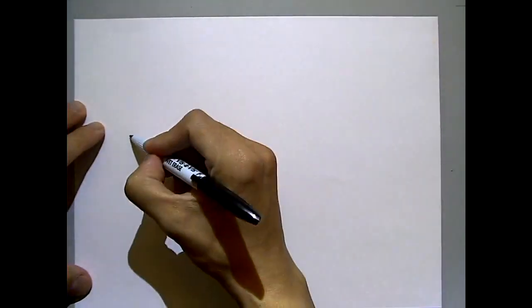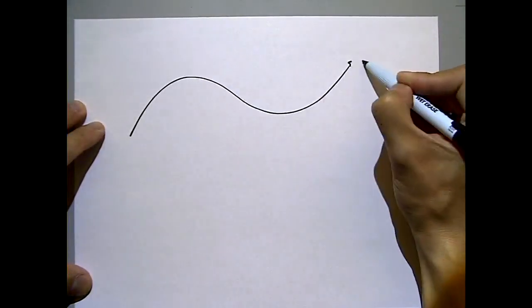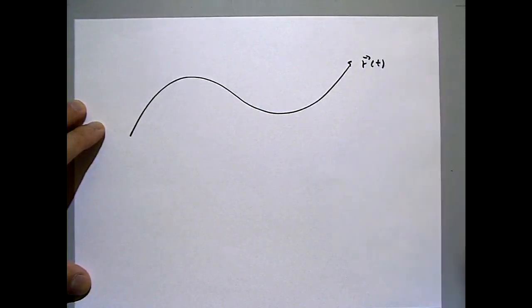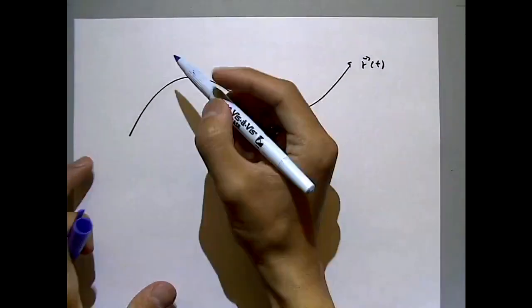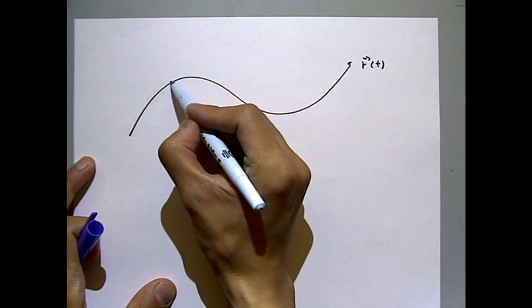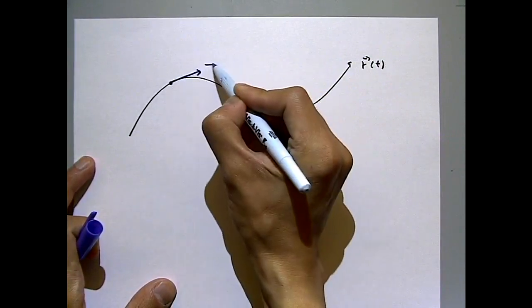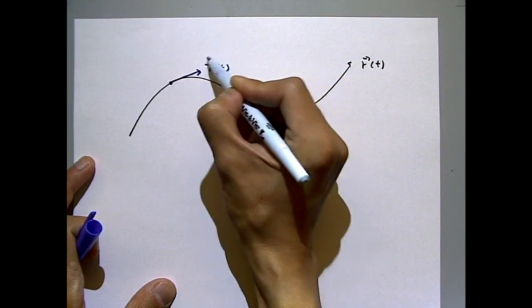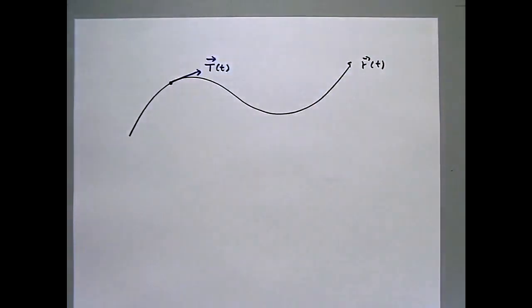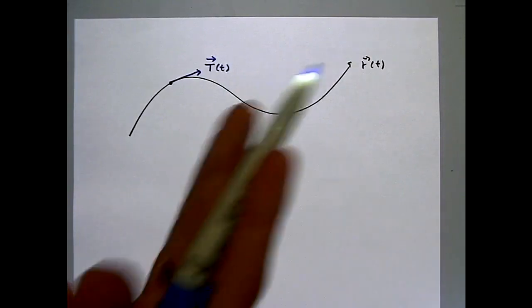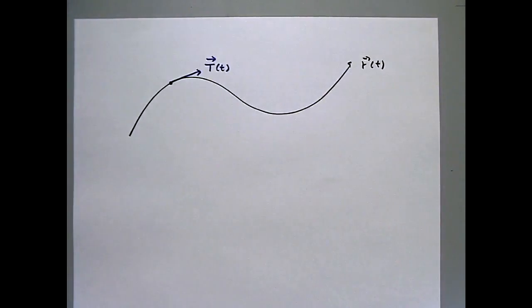And T prime and T have a very interesting relationship. So let's say this is my unit tangent vector. T prime tells you how the unit tangent vector is changing.